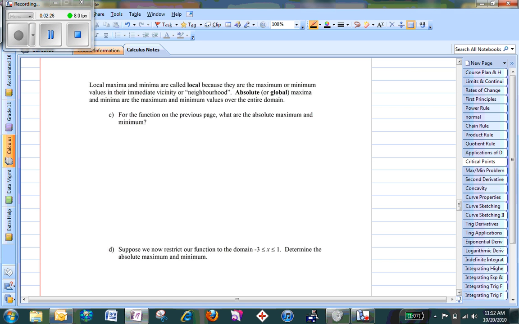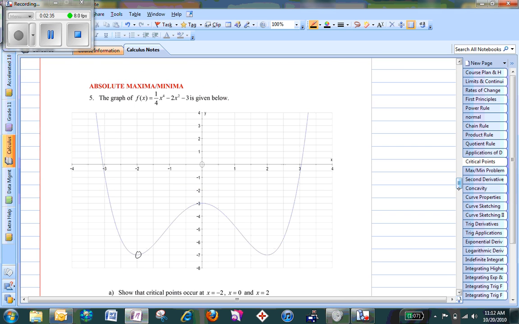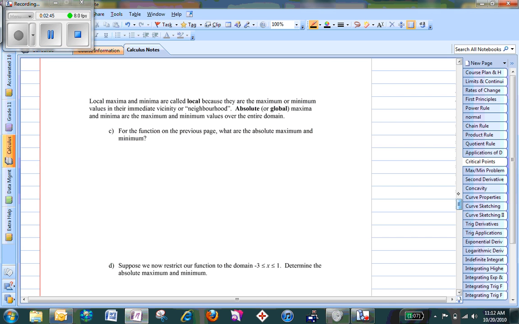Looking at the graph below, it says here, for the function on the previous page, what are the absolute maximums and the absolute minimums? So if I look at the graph, the absolute maximum is here, and the absolute minimums are actually the same on both sides, here and here, because this is a symmetrical graph.